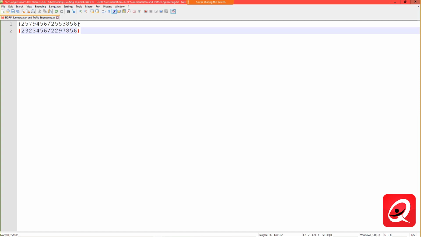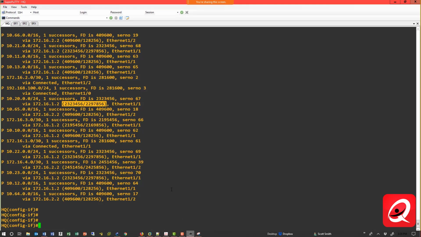So we're definitely not meeting the feasibility condition. This was the backup path. This was the one that goes over 2.2, and this is the path that goes over 1.2. We're definitely not meeting the feasibility condition here, but it still should show up in the topology database. That's a little bit strange to me, why we're not seeing that.